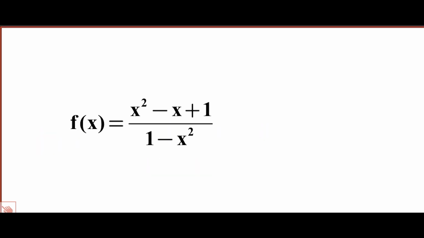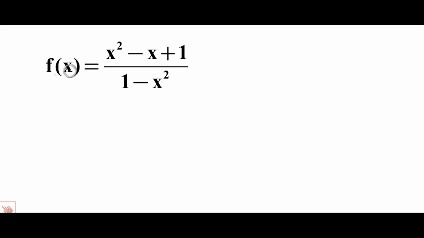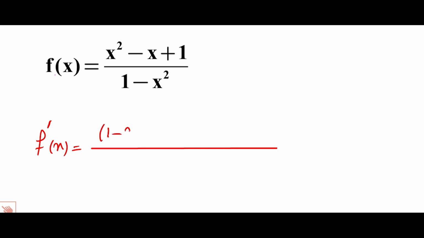Okay? Number 3. If f of x is equal to x squared minus x plus 1 over 1 minus x squared. So we have f prime of x is equal to low d high. Low means 1 minus x squared. D high means the derivative of x squared minus x plus 1.